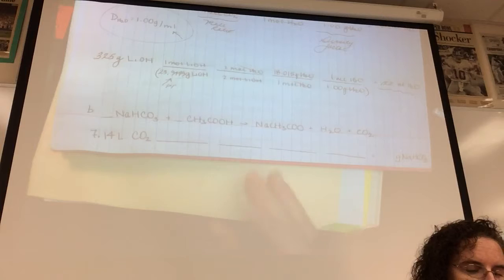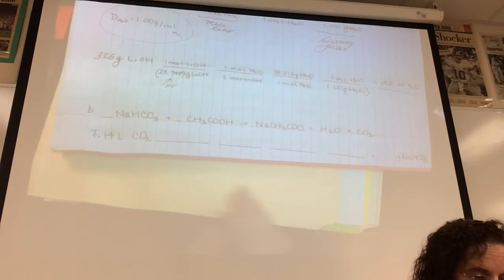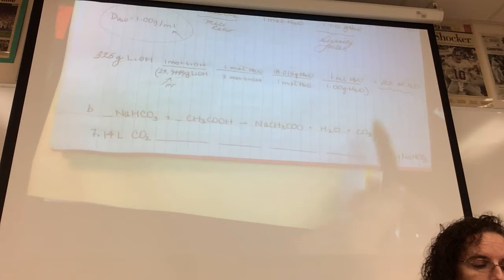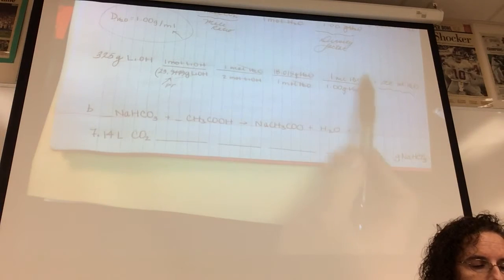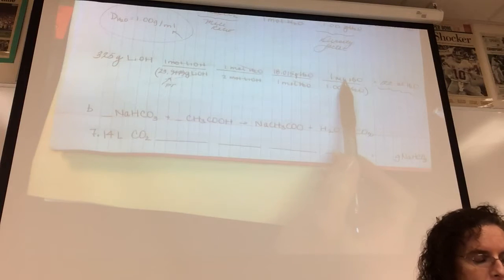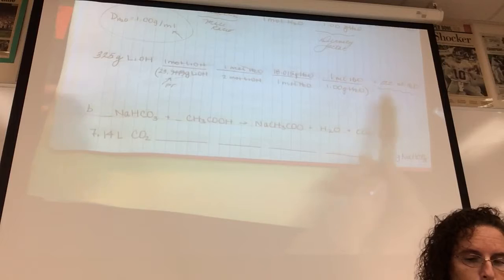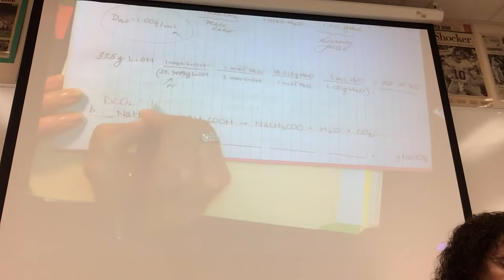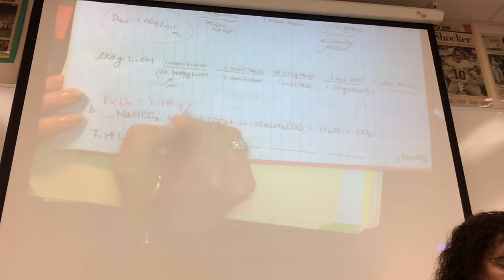Okay, how is this problem different from the previous one? You're starting with the volume in liters. So previously, when we were solving for the volume, we used the density factor last. Here we've got to use density right away. Now the problem told us that the density of carbon dioxide is 1.10 grams per liter.